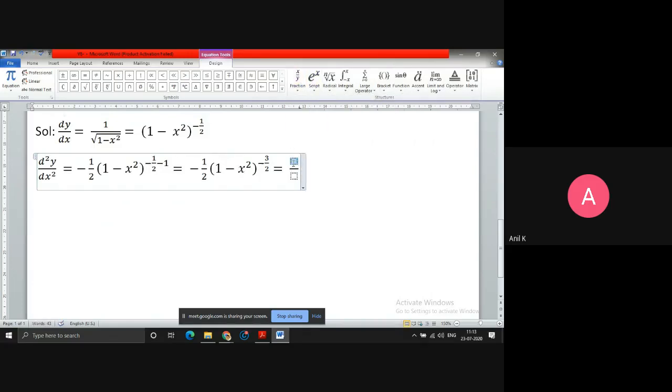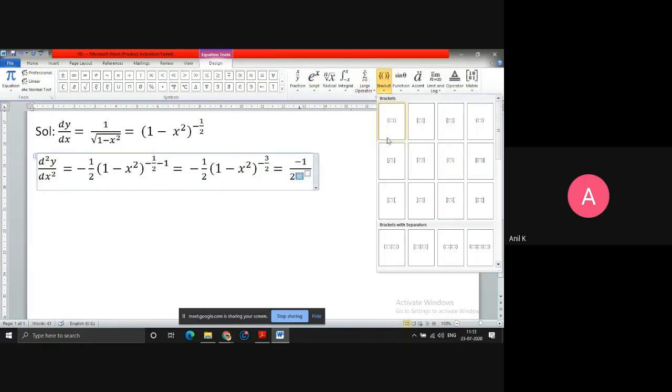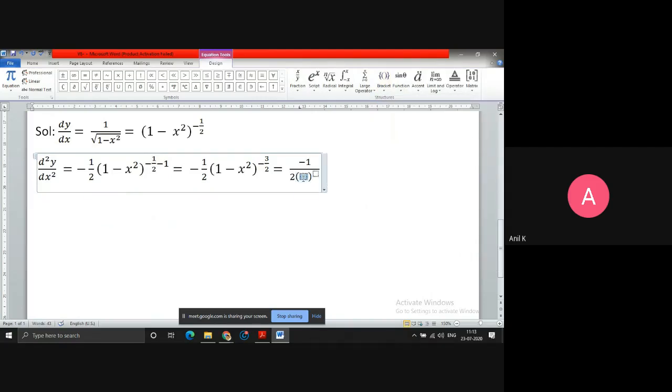If I write in the simplest form, minus 1 upon 2 into, in exponent form, I'm bringing that numerator term to the denominator. So you'll get 1 minus x square here, and here it will come 3 by 2. Just rearranging that, this numerator term I'm bringing to the denominator. 2 is already in the denominator. So that's why it will come as 2 into 1 minus x square whole to the power of 3 by 2. So further simplification you can do on this term.